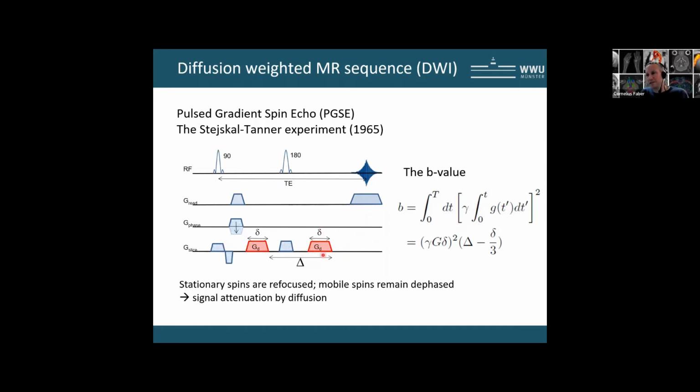And if these gradients are very short and of large amplitude, then one can calculate the b value as indicated here by gamma times the gradient amplitude times delta, everything squared, and then times the capital Delta minus small delta over 3 term. And what you see is that this b value scales with G squared. So the amplitude enters as a square, but delta enters to the 3rd power. So timing is more important than gradient amplitude, just as a little remark.